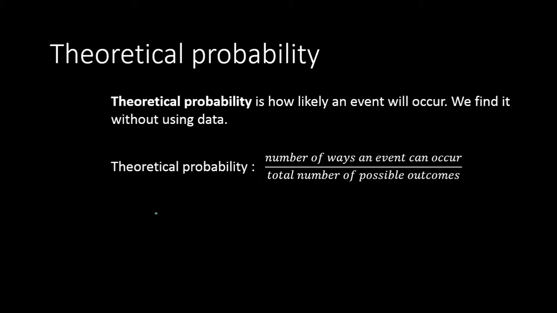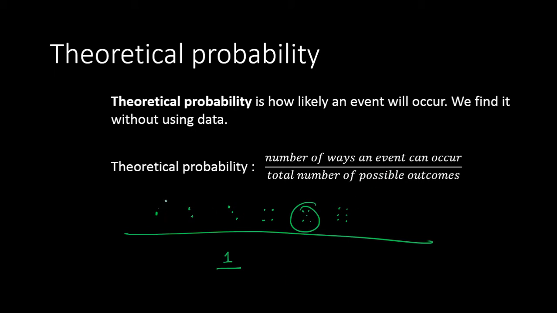So if I have a die that has a 1, a 2, a 3, a 4, a 5, and a 6 on it, and I roll it, how many different ways can I roll a 5? Well, there's only one. I have to roll 5, right?